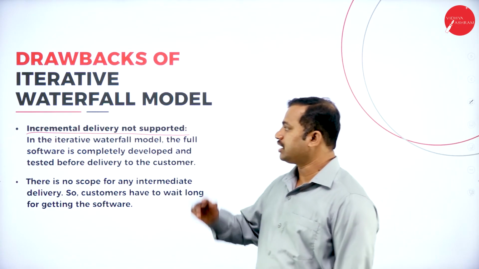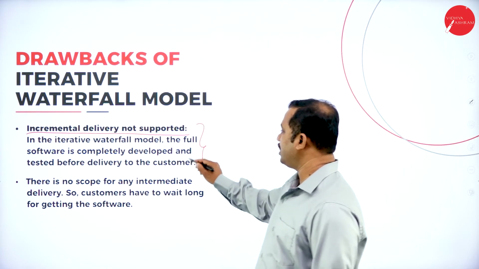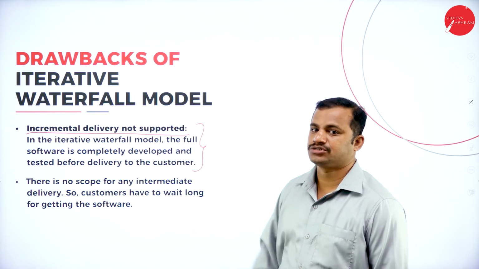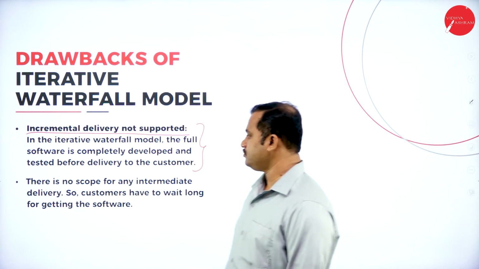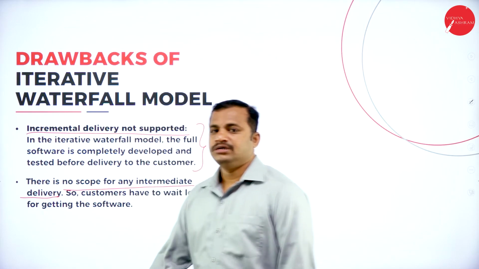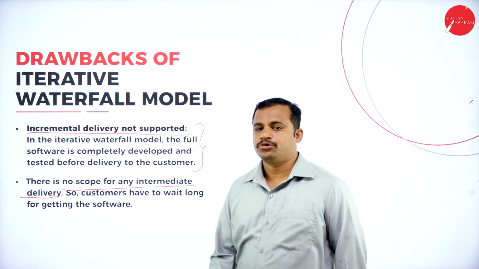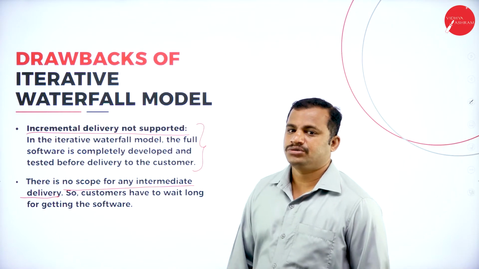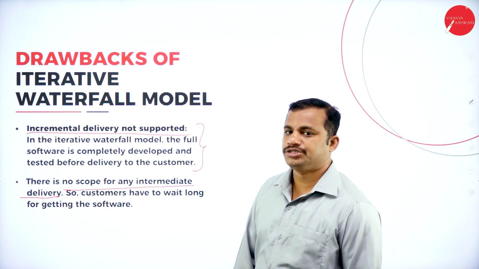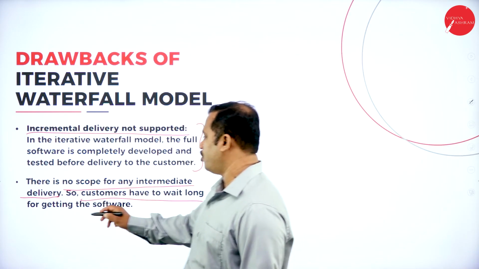So it is not recommended to use the waterfall model, because changes required at a later phase are not supported. Then there is no scope for any intermediate delivery. That means in intermediate situations, it is not possible to deliver the prototype model to the customer. That is also one of the important drawbacks you can identify in this iterative waterfall model.